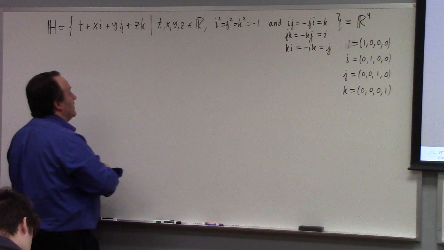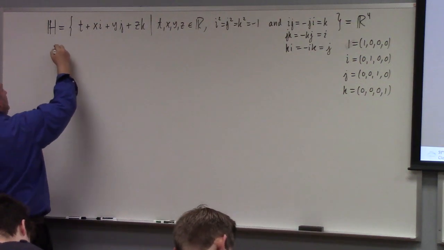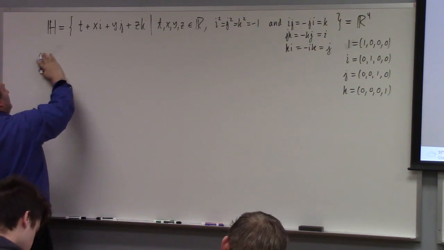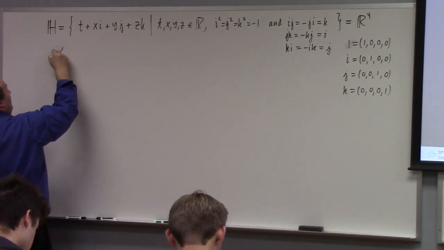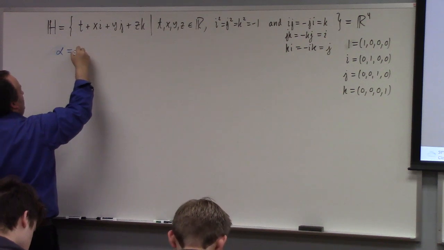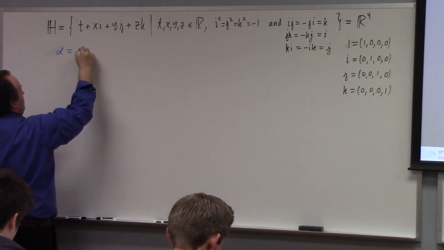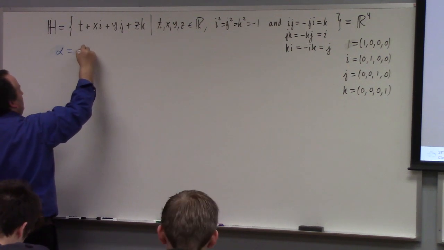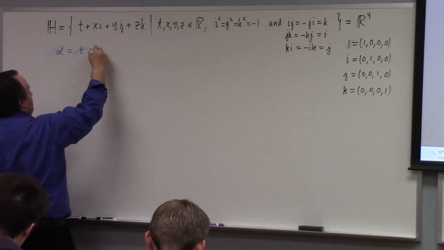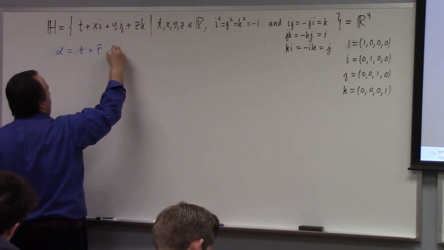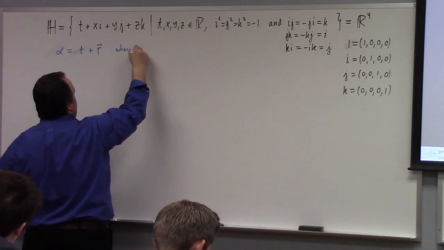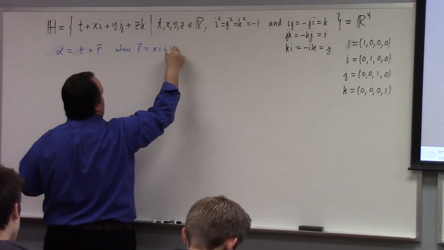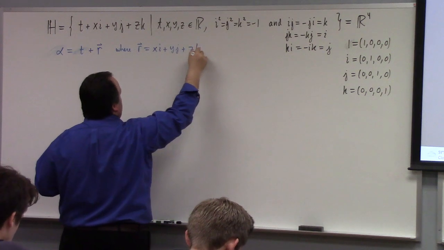So anyway, I suggested that we let the quaternion alpha equal t plus vector r, where I'm using vector r as notation for xi plus yj plus zk.